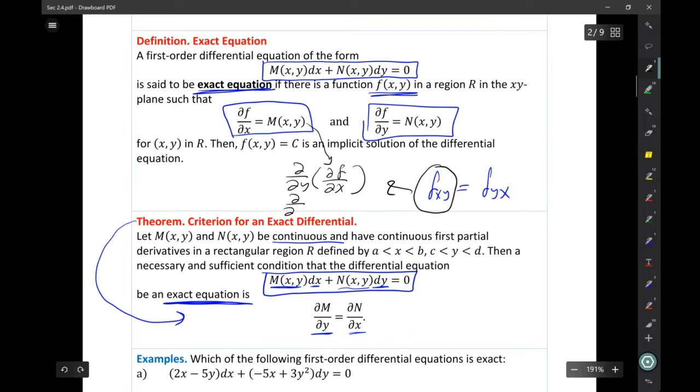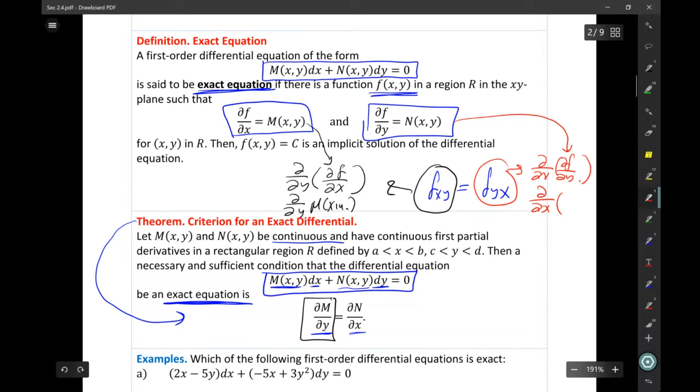M. So it becomes d by dy for M of x y, which is here. Also, f sub yx here means what? It means d by dx of df by dy, which is d by dx partially. df by dy, we call it what? N. So that becomes dN by dx, which is this one here.